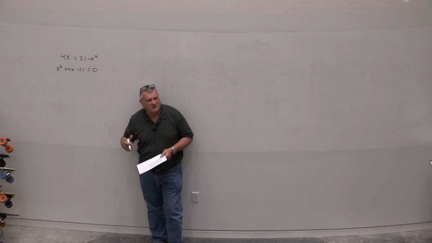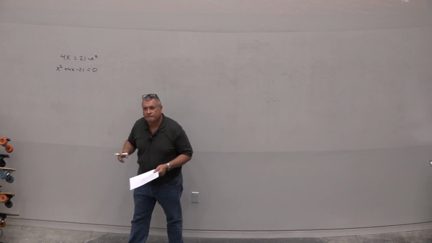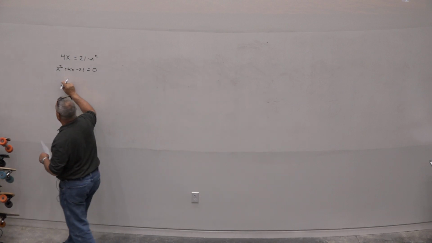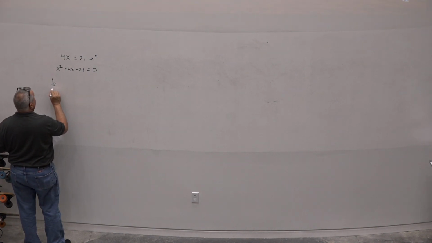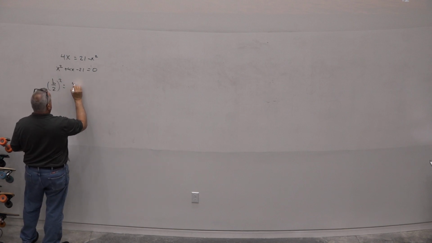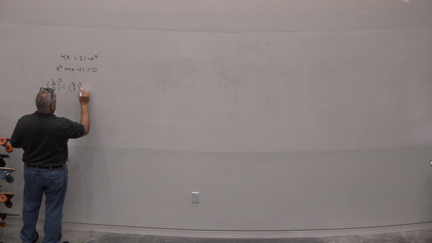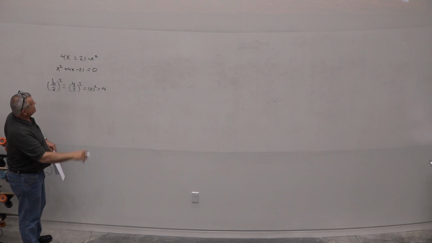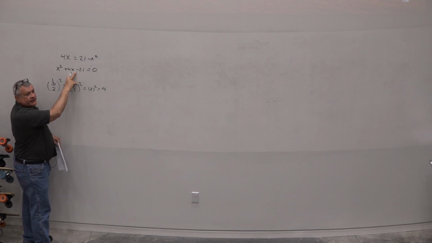This problem could be done another way. I'm going to key on this number here, right? It's going to be 4 over 2 squared, equal to 2 squared, equal to 4. That's the magic number that I'm going to add and subtract.